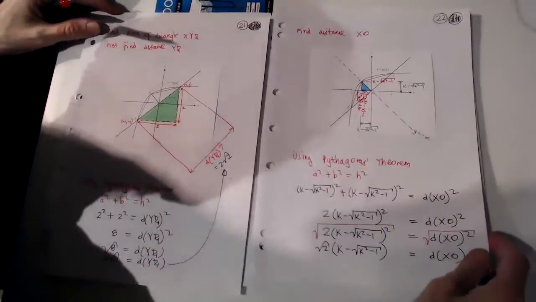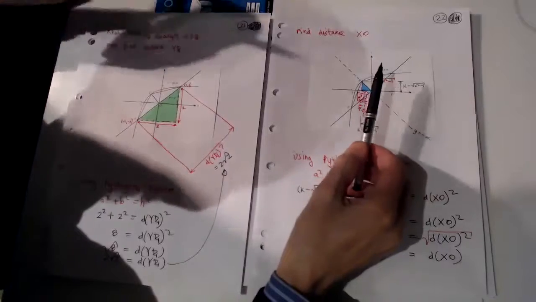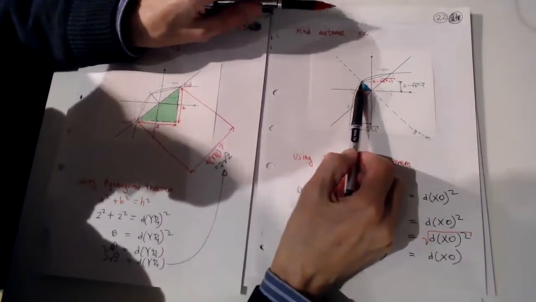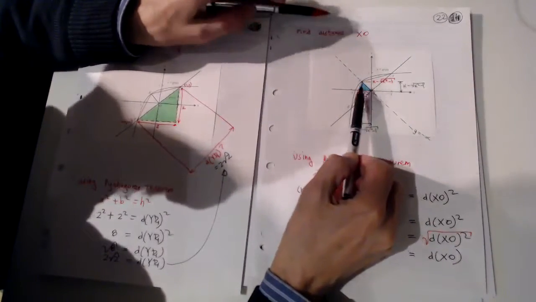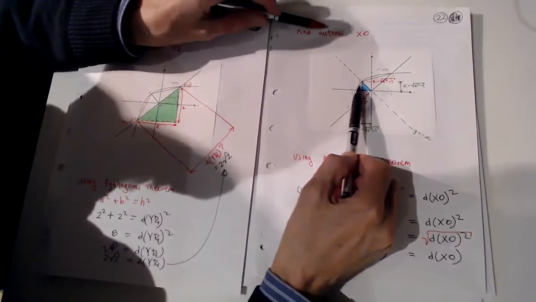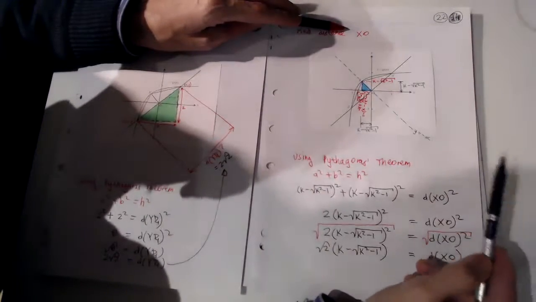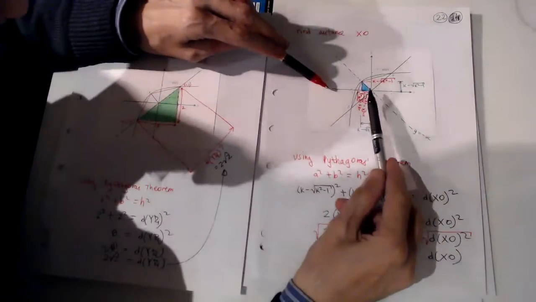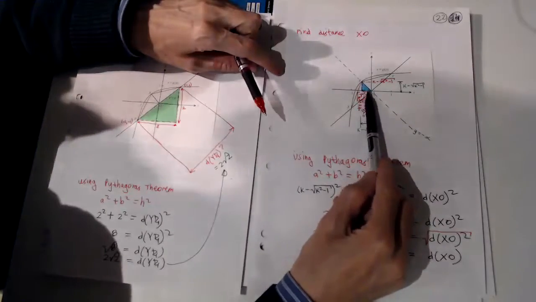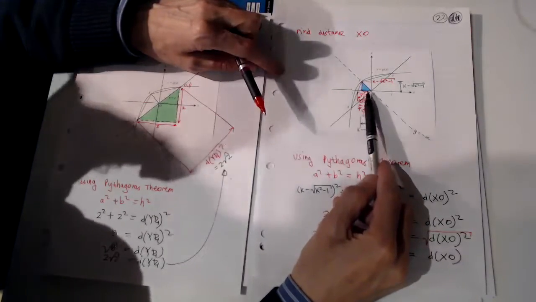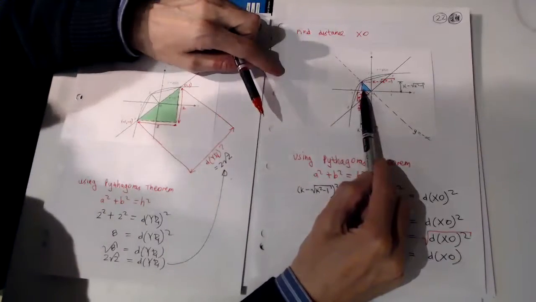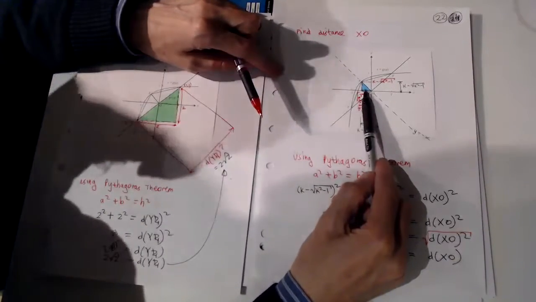Now we've got to find the distance from X to O, that is, the distance from X to the origin. If we look at that blue triangle, we can see that it has a right angle.